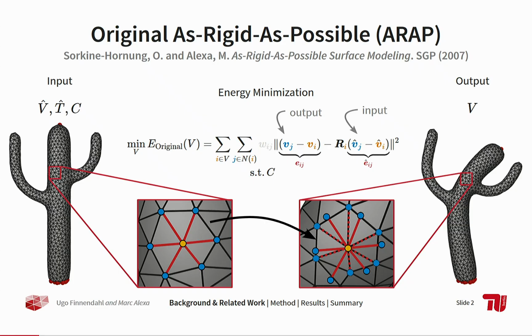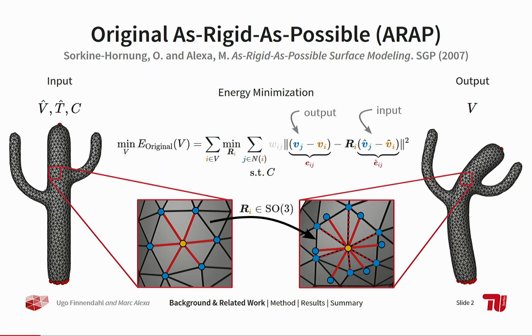Now we measure the squared distance, which is the distance of the corresponding blue endpoints of the edges. But before we measure the distance, we need to apply R, or R_i, to the input edges. R_i is the rotation matrix, but not an arbitrary rotation matrix: it is the rotation that minimizes the squared distance in the sum over the vertex i. So it rotates the input edges to minimize the distances.